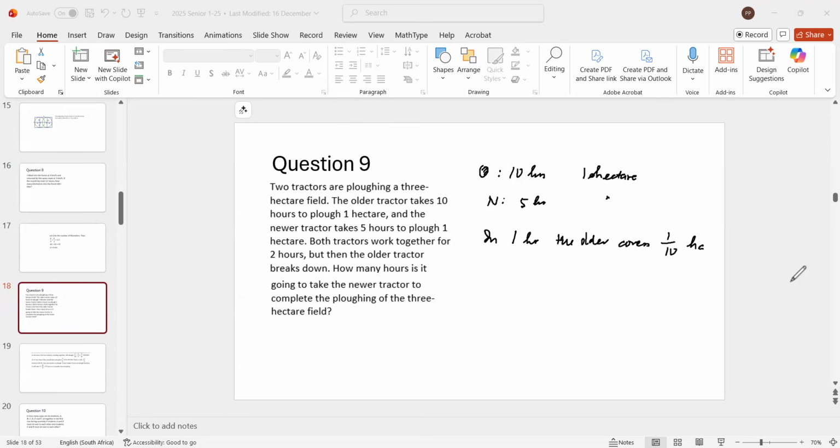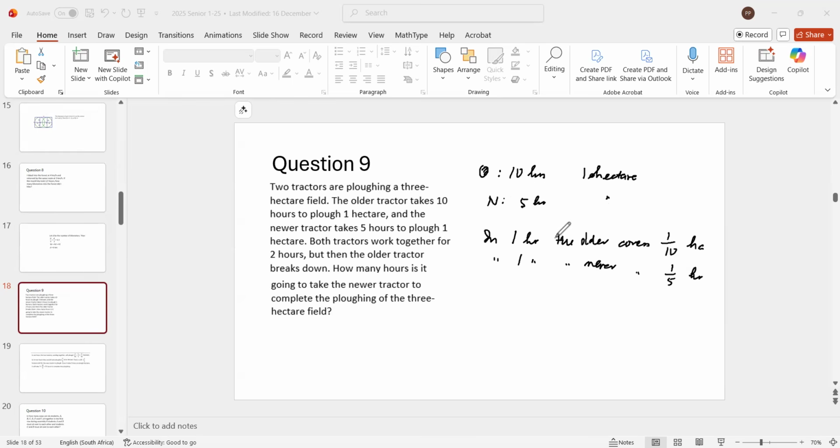I think the symbol for hectare is HA. And the same with the newer one. The newer one takes 5 hours, so in 1 hour, it'll cover 1/5 of a hectare.